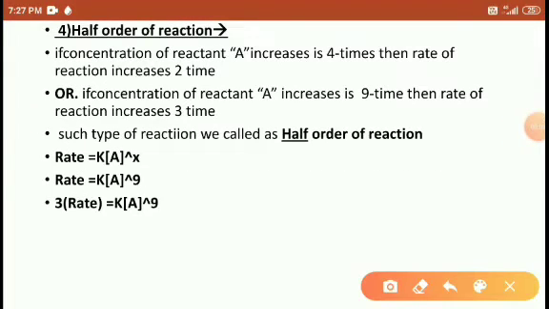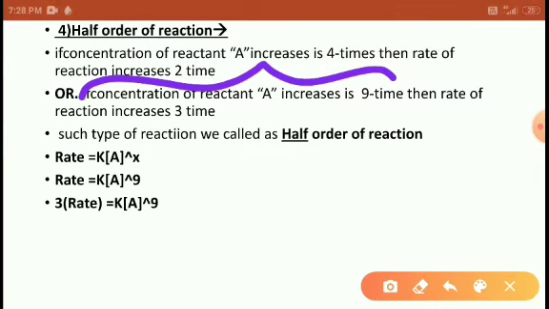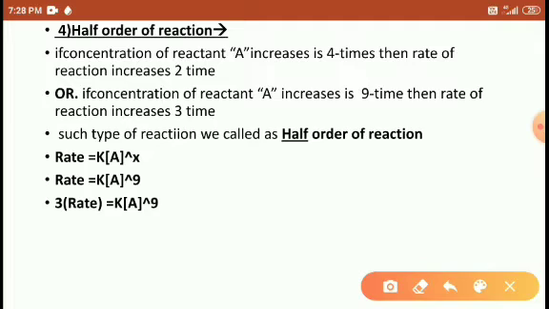Here, students, the half order of reaction. If the concentration of reactant increases 4 times but the rate is reduced to half of this, that is 2 times.